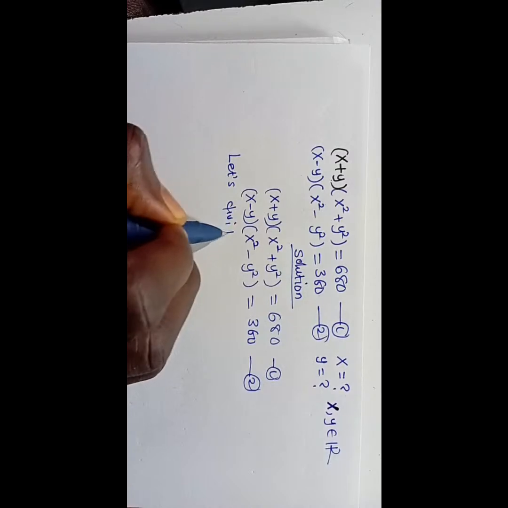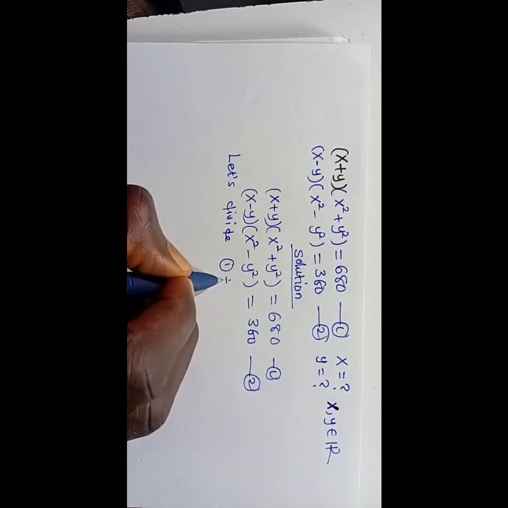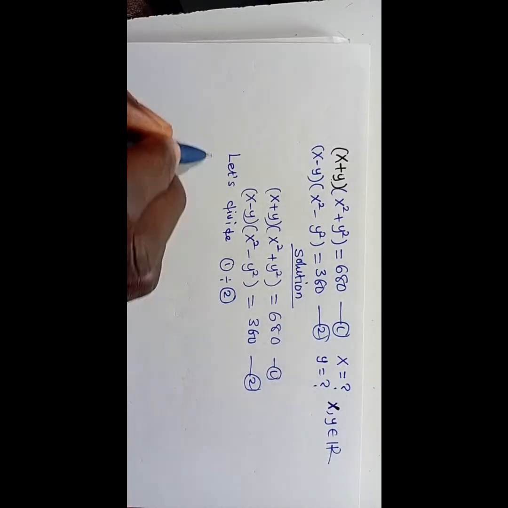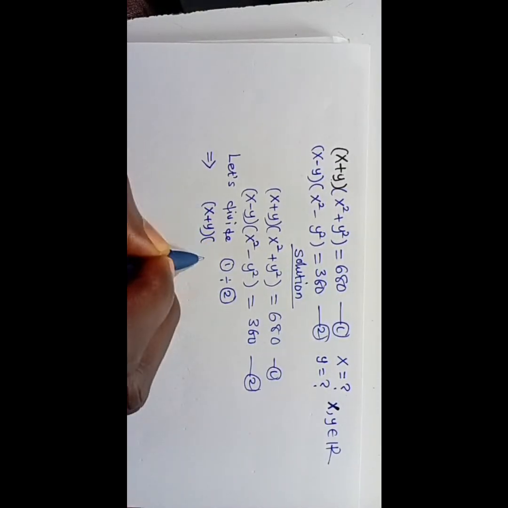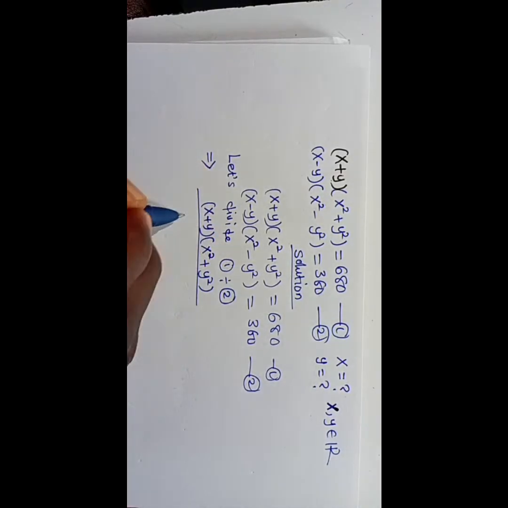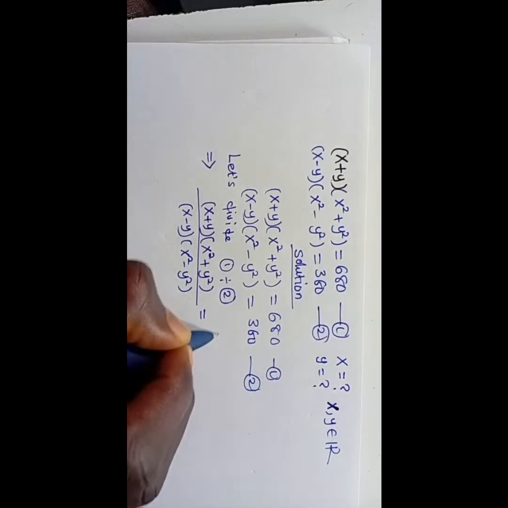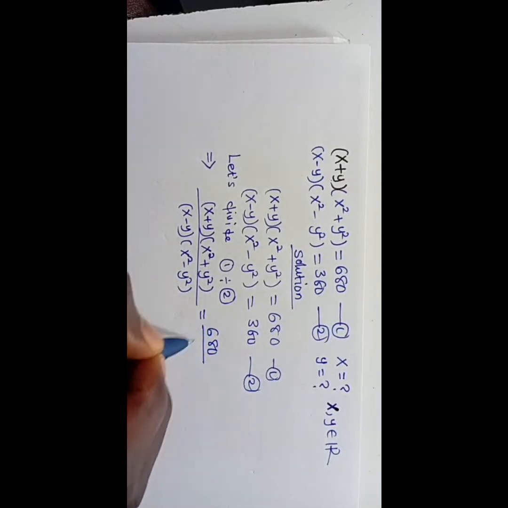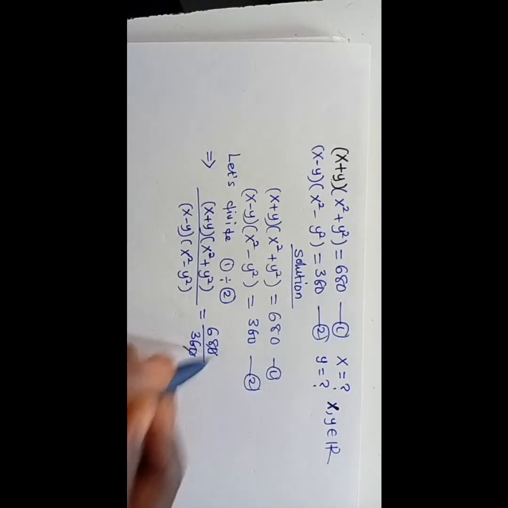Let's divide equation 1 by equation 2. So we're going to have (x + y)(x² + y²) over (x − y)(x² − y²) equals 680 over 360. Now, this 0 will cancel this 0.